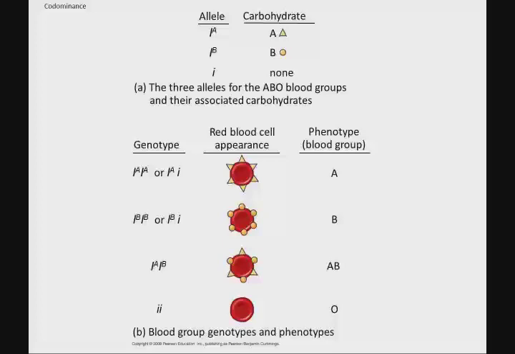And if you're B, you have the B protein. Well, you can also be AB. So that means you have both proteins. So you can see the triangles and the little circles on the surface of that cell. This now is a case of codominance. Both are expressed on a phenotypic level. Right, we'll come back to this example in a couple minutes when we start to talk about multiple alleles, but let's hold off on that for now.